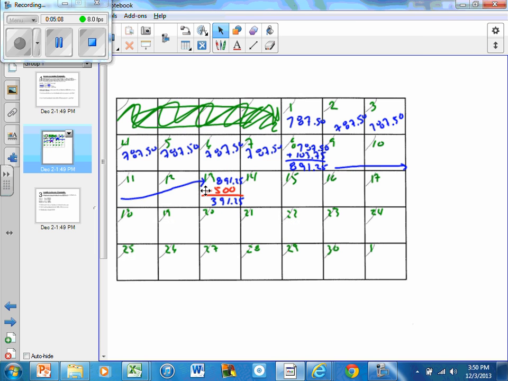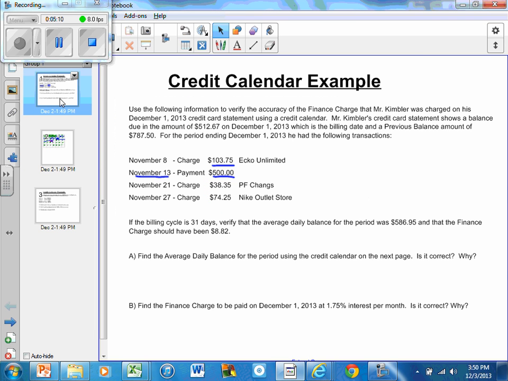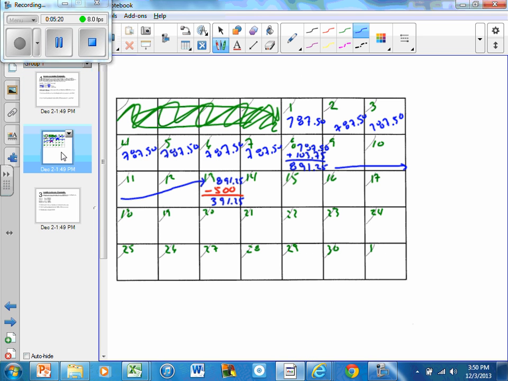The next transaction that we have on our credit card is on November 21st, and it's for $38.35, and it's a charge to our card, so it's going to increase our balance. So on the 21st, we're going to add $38.35 to our account.